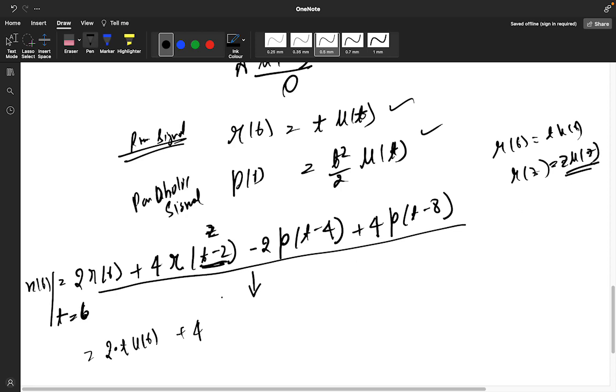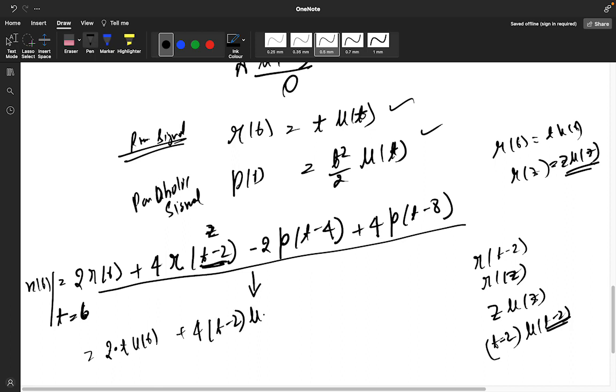For r of t minus 2, we can write r of z, that will be z u of z. Put the value of z, so z is t minus 2. So r of t minus 2 we can write as t minus 2 into u of t minus 2.